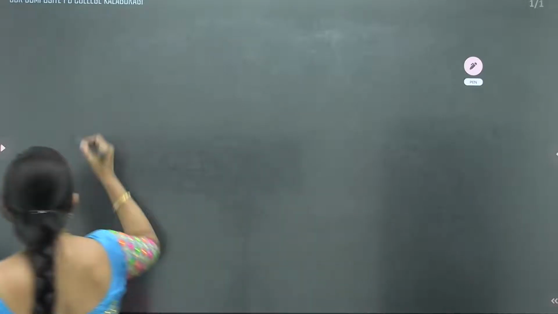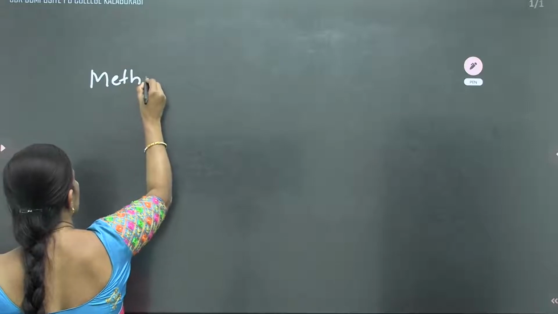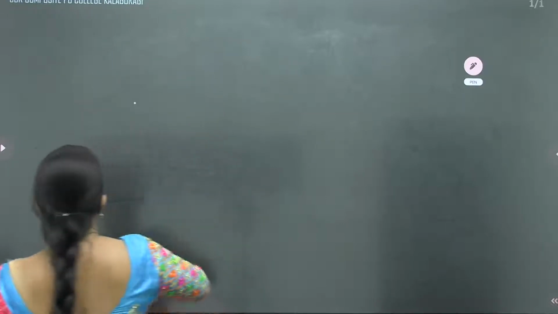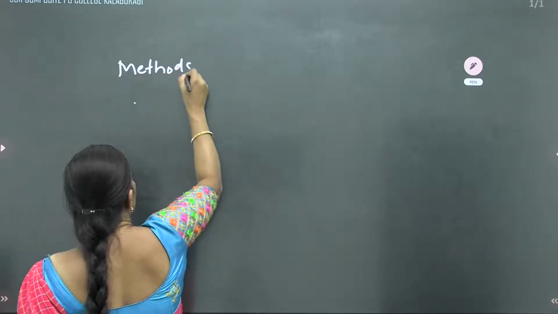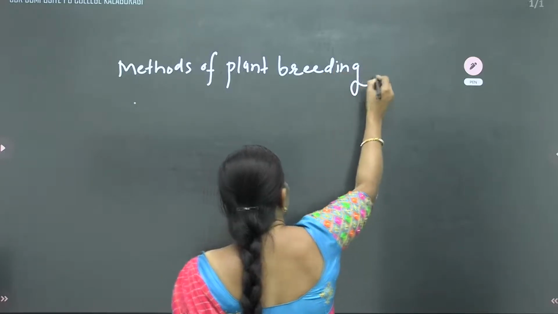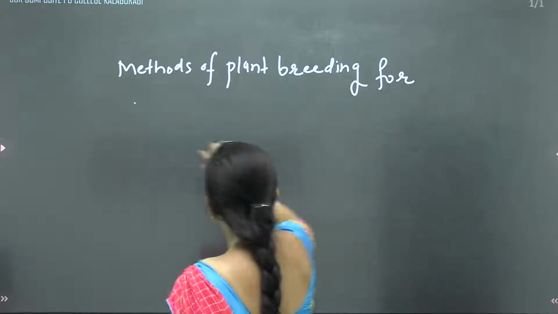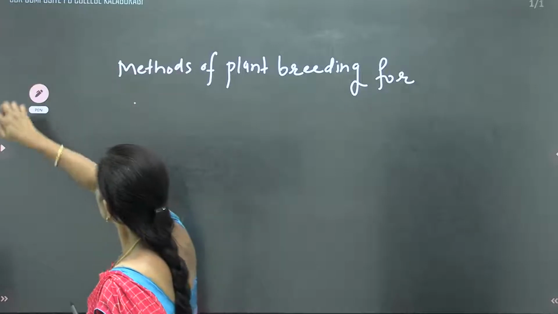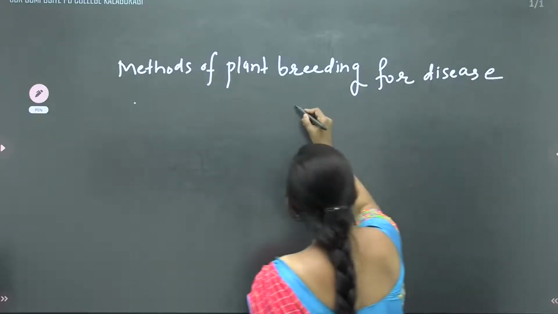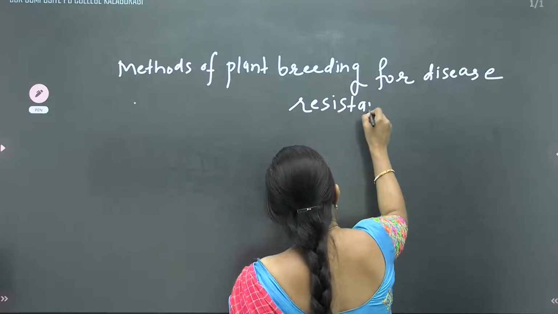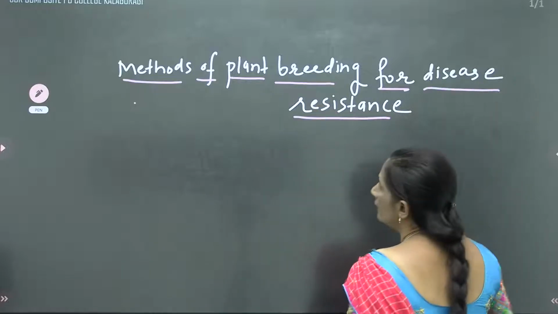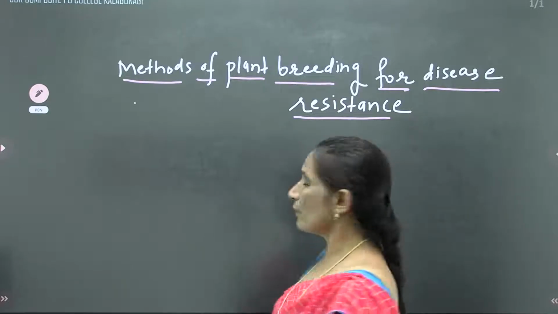Now we are going to study methods. The next heading is the methods of plant breeding for disease resistance.